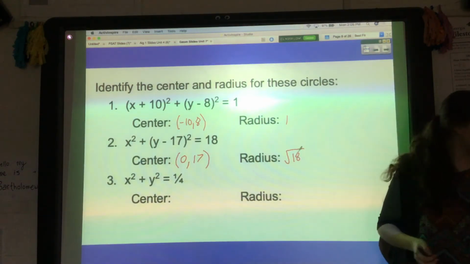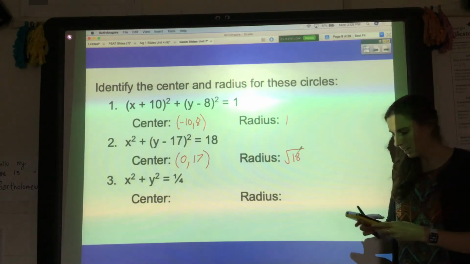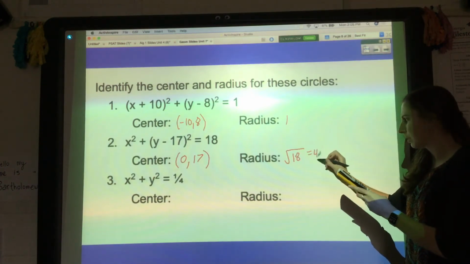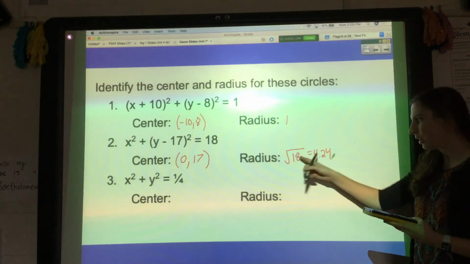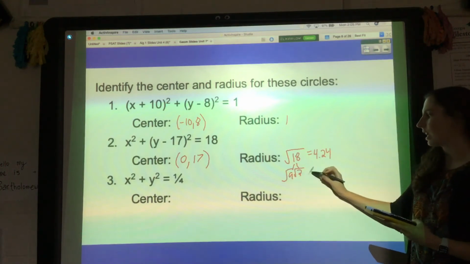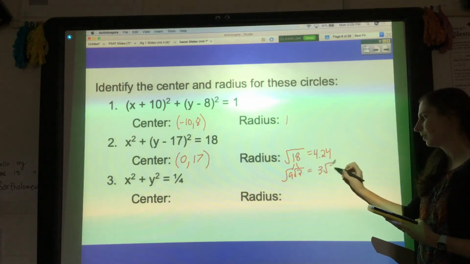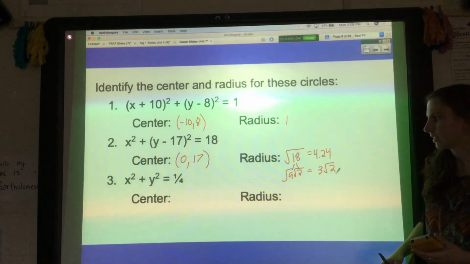We could get a decimal out if we wanted. Square root of 18 is approximately 4.24. Or you could even break it down into 9 and 2. Square root of 9 is 3. So square root of 18 or this, that's the radius.